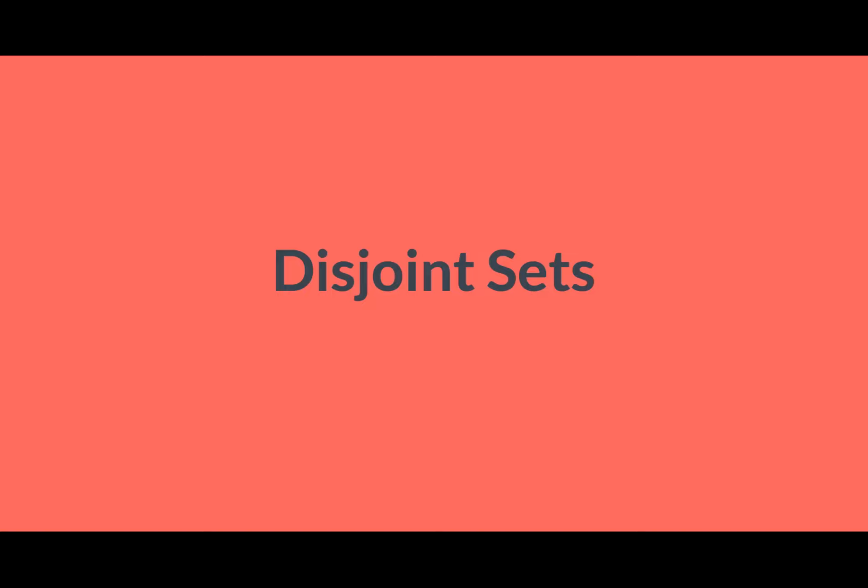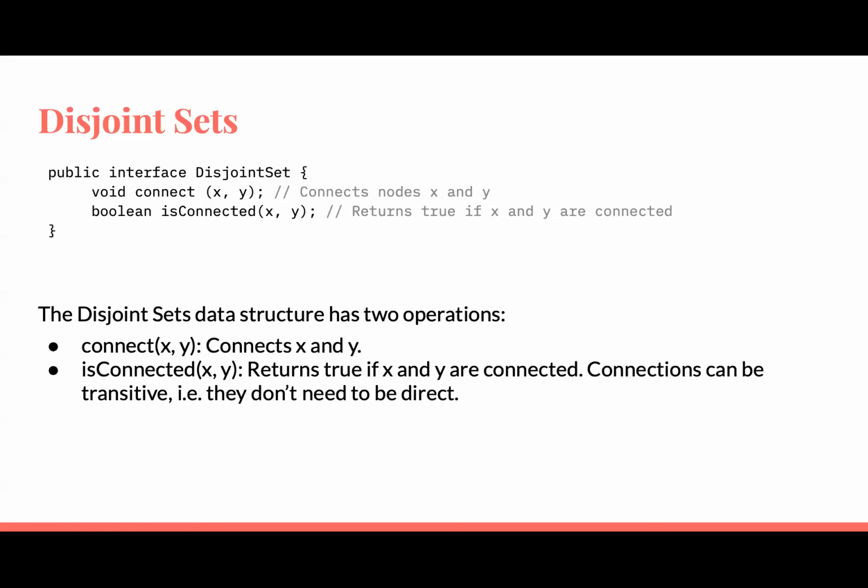Right. So let's go ahead and head on to disjoint sets. As the name implies, disjoint sets are a series of sets that are disjoint, and we can perform a couple of different operations on them. The first being connect. For any given input X and Y, we want to connect the set that X belongs to with the set that Y belongs to.